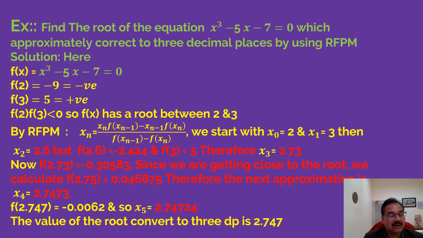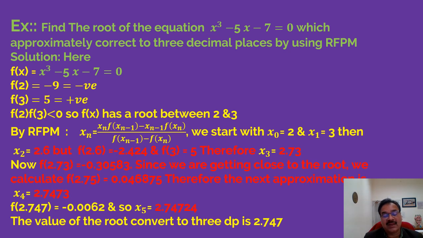Okay. Now, if you look at the approximations and the values, the convergence: at least one decimal place is already almost converged, and the second is also near to converging. So x4 is 2.7473. After repeating the same process, you will get minus 0.0062. It is more closer to 0.